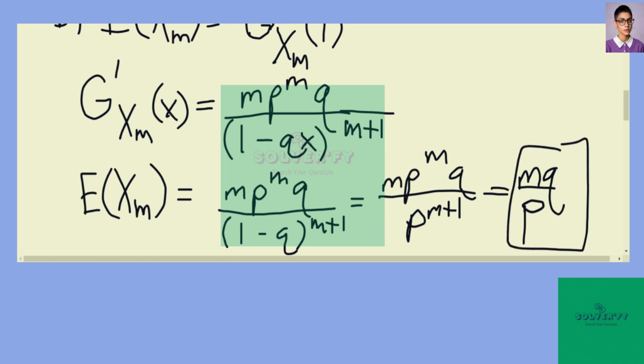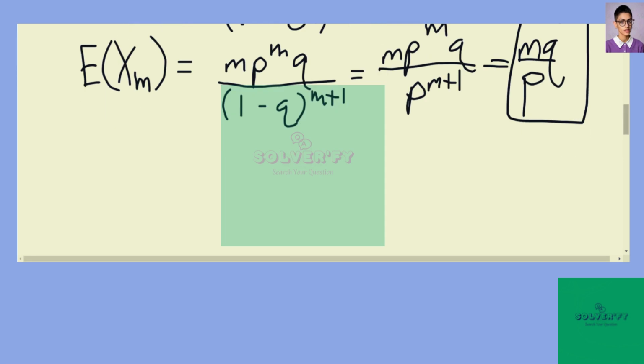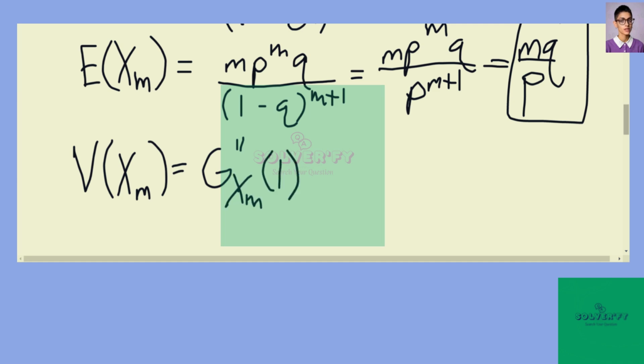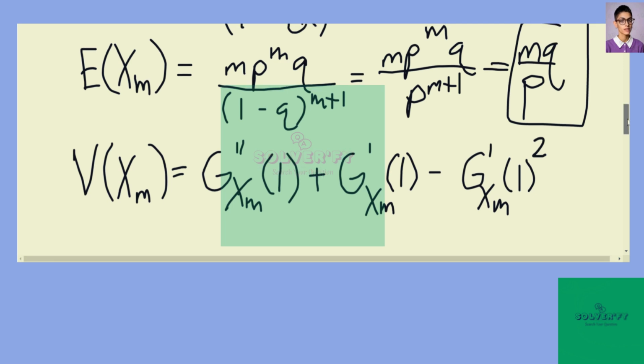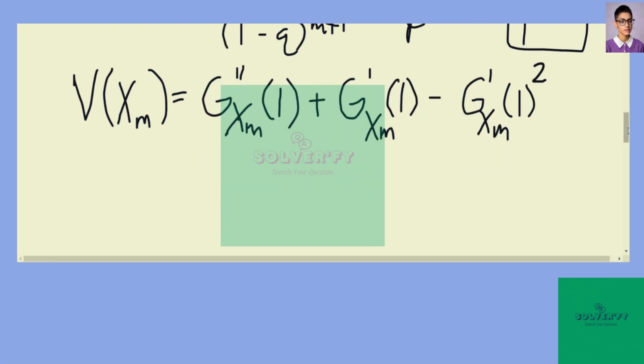To find the variance, recall from the previous problem that the variance of X_m is going to be the second derivative of G_X_m evaluated at 1, plus G prime X_m evaluated at 1, minus G prime X_m evaluated at 1 squared. And so in order to calculate this, we calculate G double prime X_m of x.